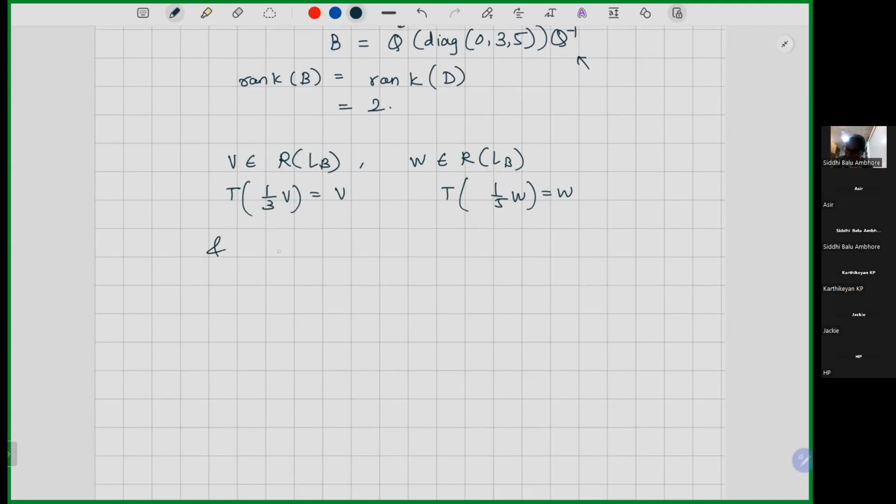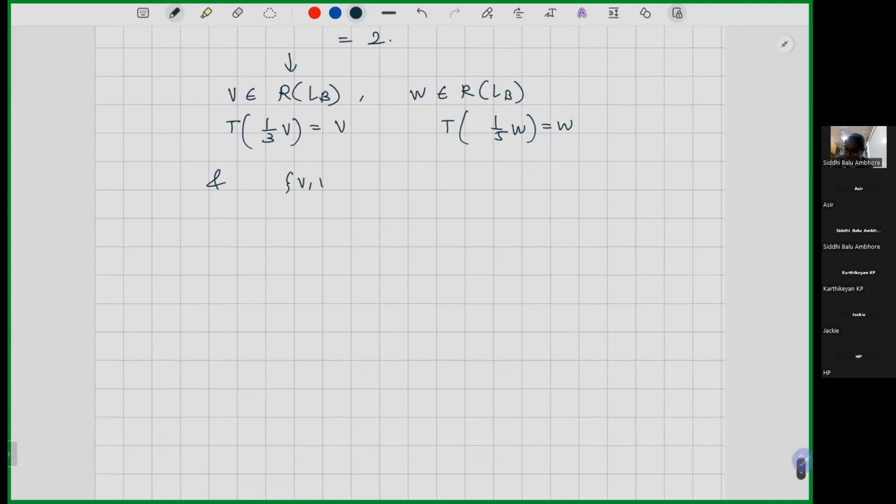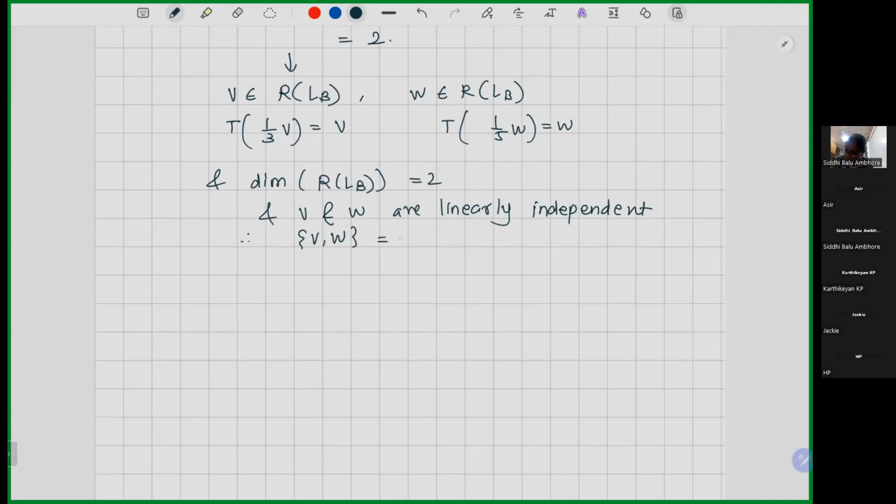I'm already assuming that the rank is 2, and I'm just producing the basis now. The dimension of the range of LB is 2 and V and W are linearly independent. Therefore, the span of V and W is the range of LB.